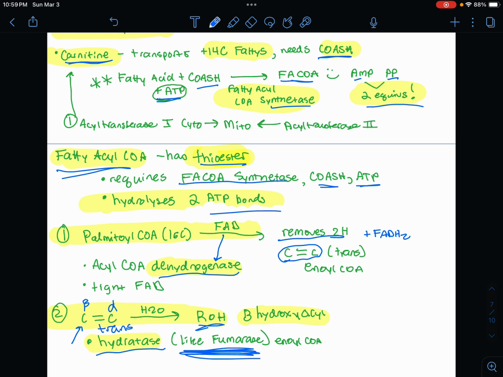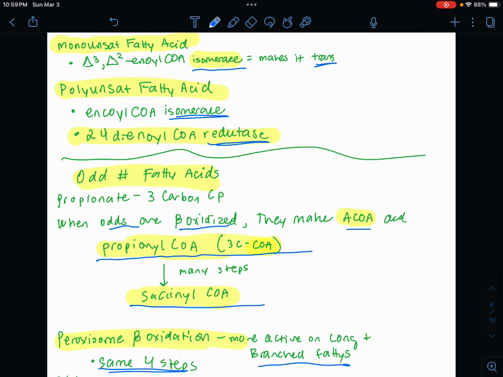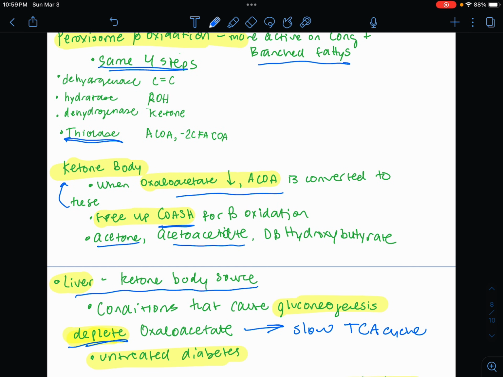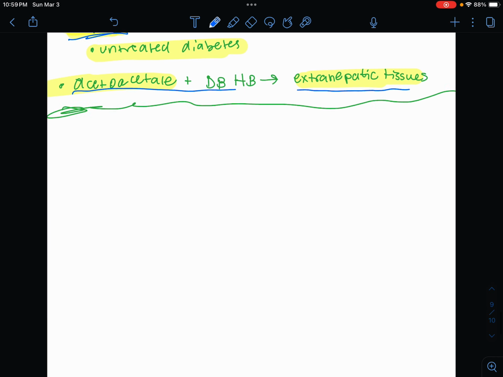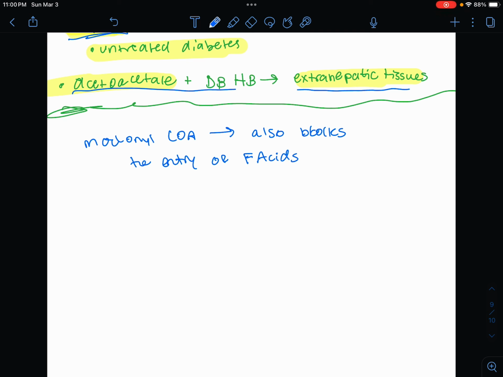So regulation of fatty acid oxidation. We're going to stop the carnitine shuttle by this malonyl-CoA, which we'll talk about in the next video when we're talking about synthesis. The first intermediate of cytosolic fatty acid synthesis also blocks the entry of the fatty acids into mitochondria.